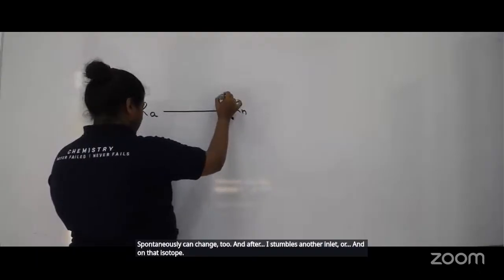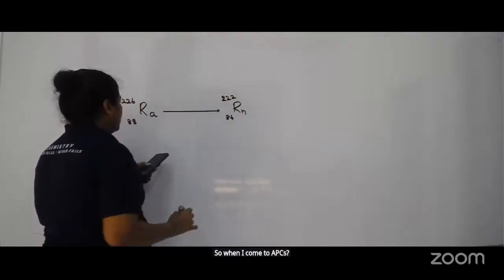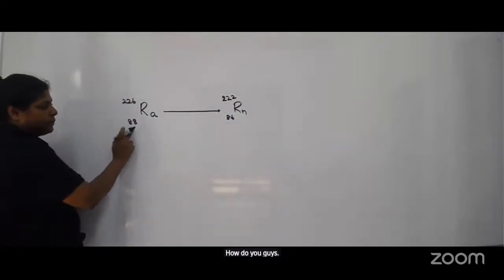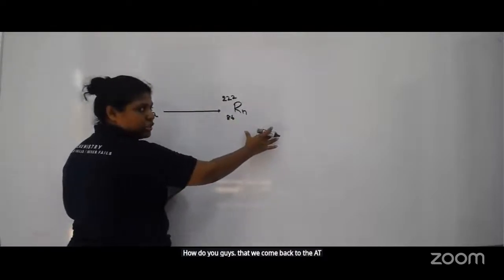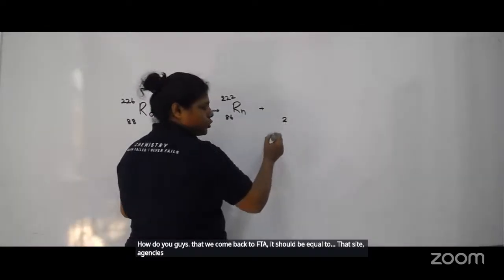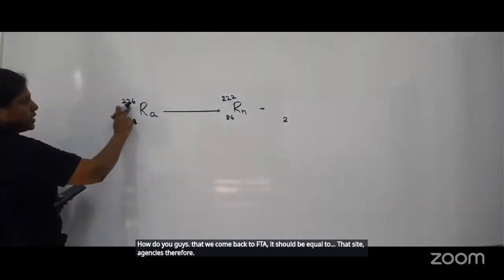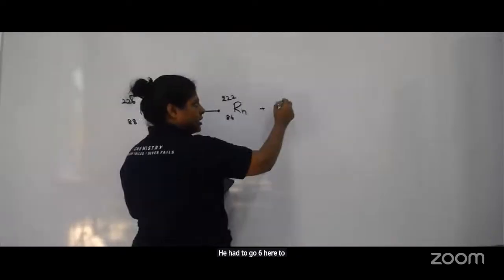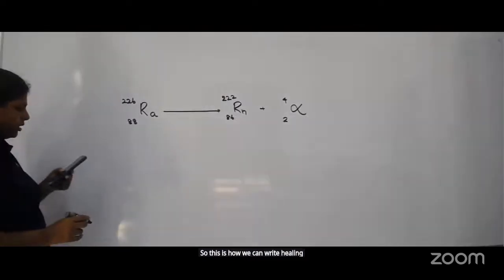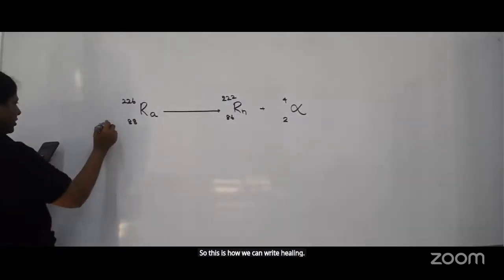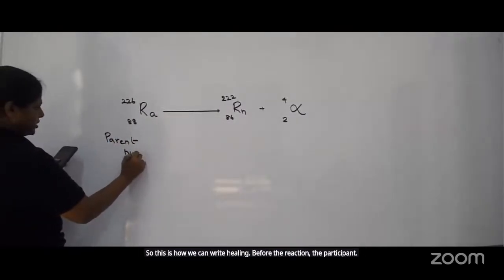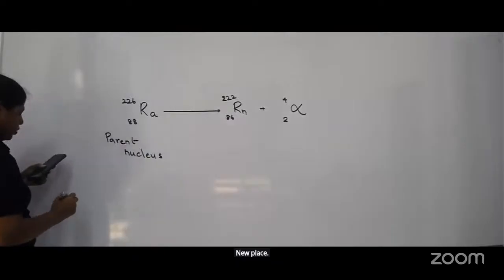So radium 226 goes to 222. How do we balance this? The atomic number is 88, it should be equal on that side, 86. Therefore, the missing particle should have mass 226 minus 222, which is 4. So this is alpha, or we can write helium. Before the reaction, the particle we call the parent nucleus.